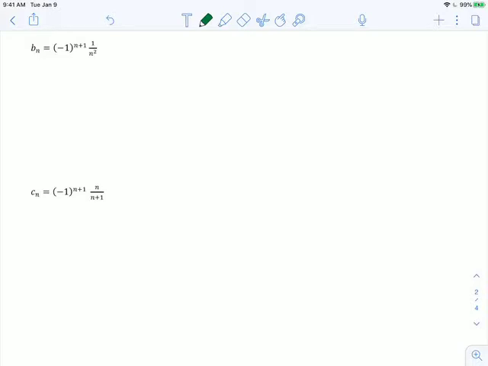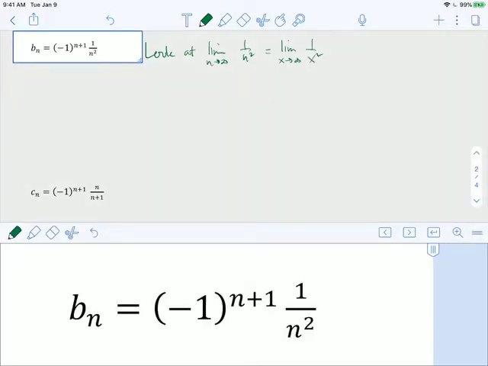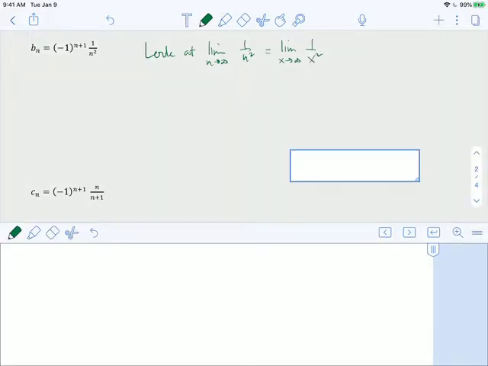And so in this particular case, we want to look at the limit as n goes to infinity of 1 over n squared. And using what we know from what we saw back in chapter 2 in calculus 1, this is going to be the same as the limit as x goes to infinity of 1 over x squared.